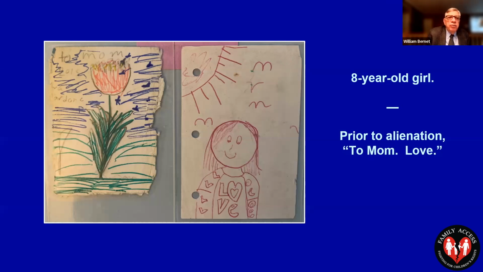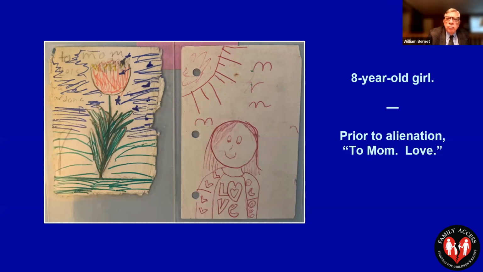And over here on the left-hand side, it says to mom with, actually, I'm not sure what this says, something done, has a year was done or something. Anyway, it looks like a happy picture.